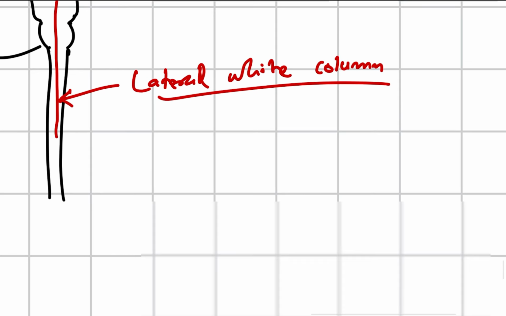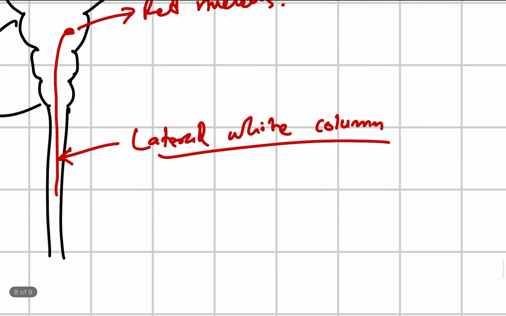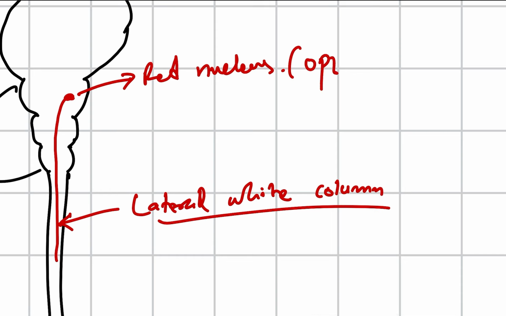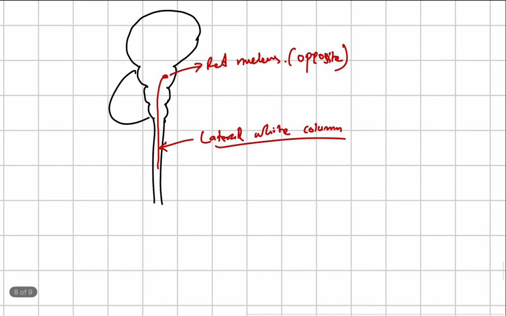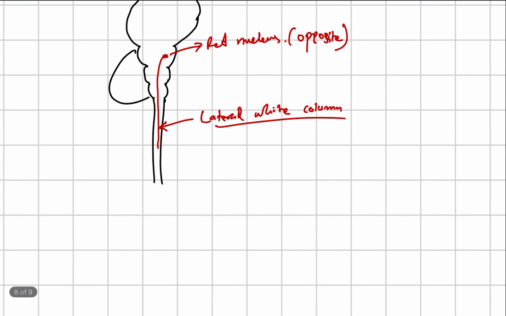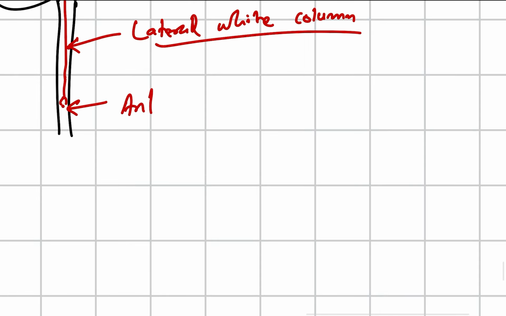It is from the red nucleus of the opposite side, and it terminates in the nucleus of the anterior horn cell.